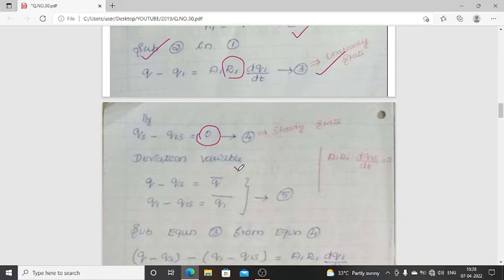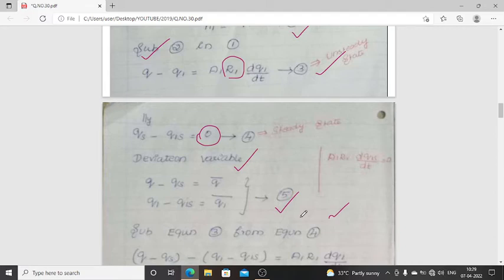Next step, we introduce deviation variables. Q minus Qs is equal to Q bar, and Q1 minus Q1s is equal to Q1 bar. This is equation number 5. Subtract equation 4 from equation 3.